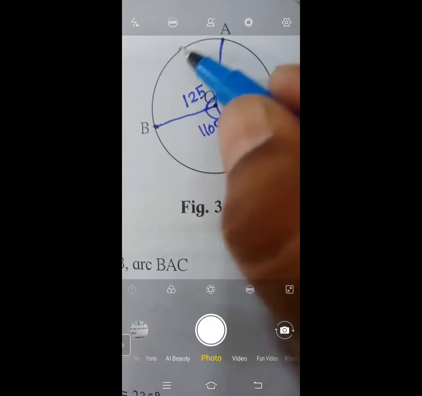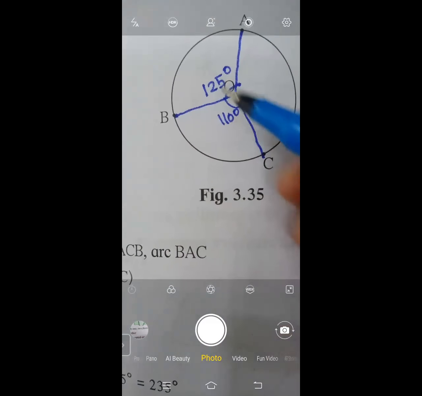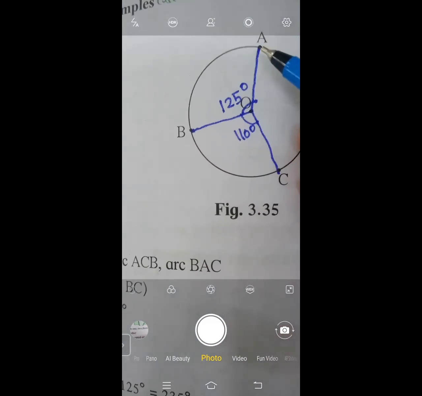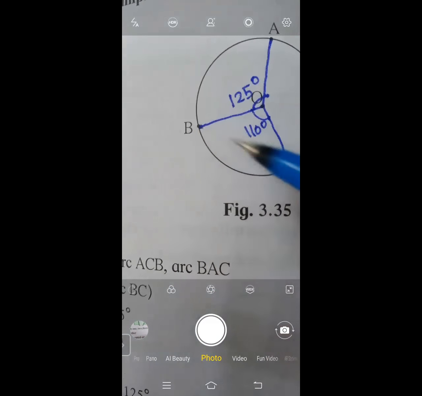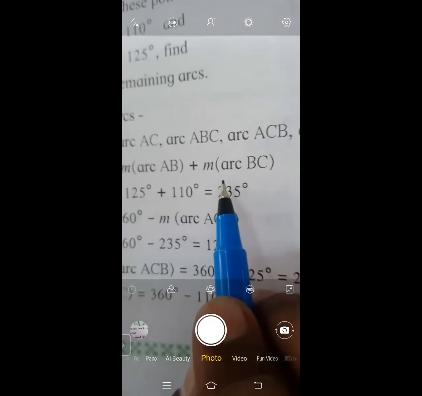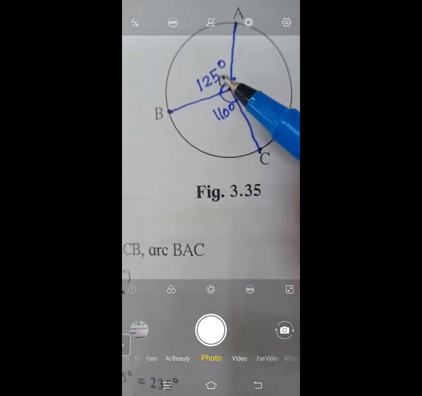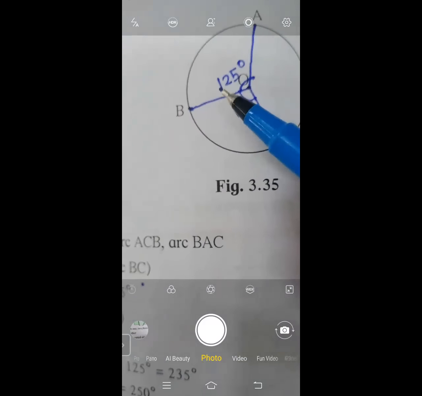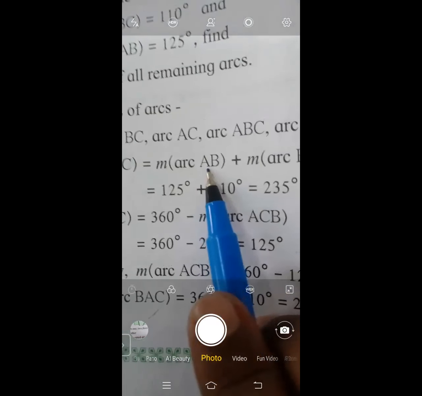Now you can see in the figure how ABC is formed, how we can write ABC. We know these two arcs. So I can write measure arc ABC is equal to measure arc AB plus measure arc BC. As ABC is divided into 2 parts, and luckily we know both the measures of the 2 arcs, we will first find the measure of arc ABC, then just substitute the values.